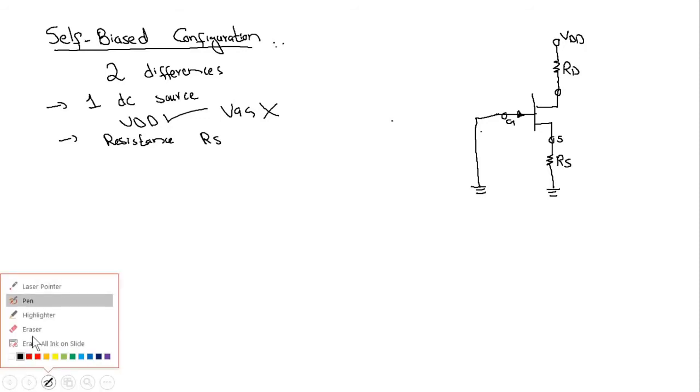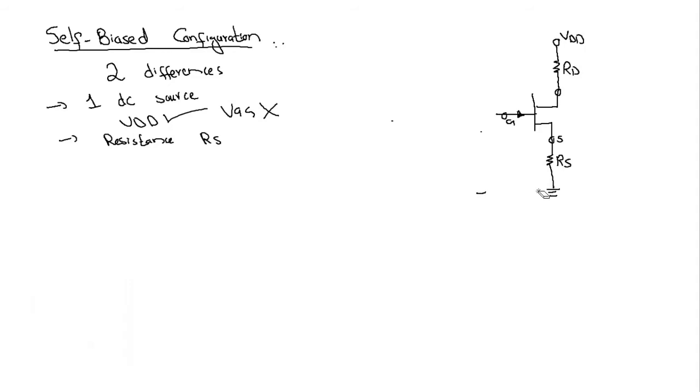I'm going to take my eraser again and connect these two together. And they are connected to common ground. So now we have the simplified self-bias configuration circuit, and this is my drain terminal.